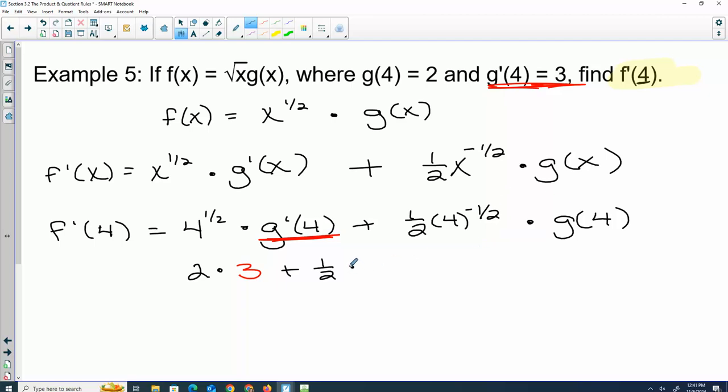A negative exponent moves it to the bottom. So it's like 1 over the square root of 4. So that's 1/2, and g of 4, we were told, is 2. So we get 6 plus 1/4 times 2 is 1/2, or 6.5.